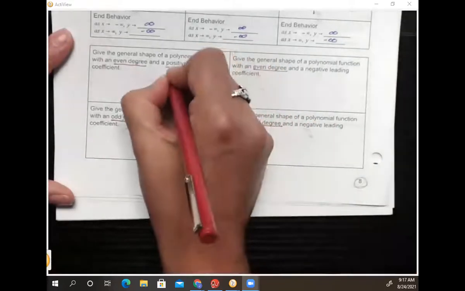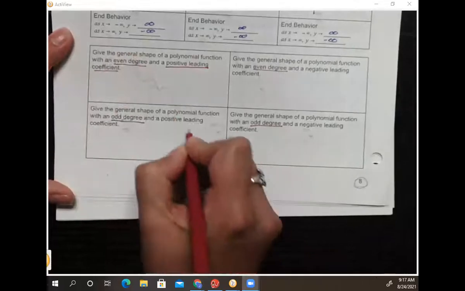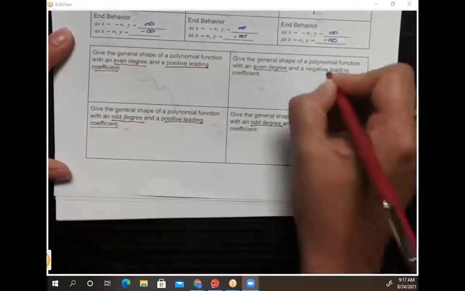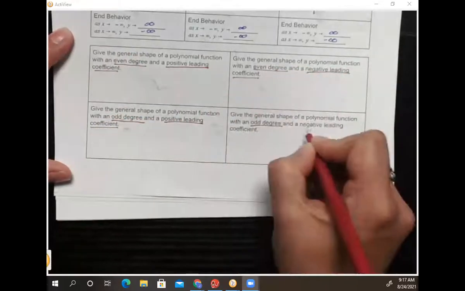So I could have a positive lead coefficient or a negative lead coefficient. That just means the number in front is positive or the number in front is negative. So I've got two options for degree, even or odd. I've got two options for lead coefficient, positive or negative. Those two pieces of information tell me about the general shape of my graph.